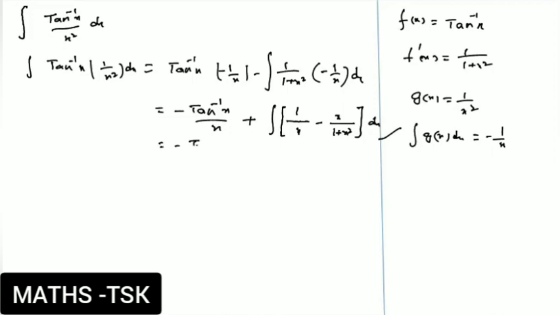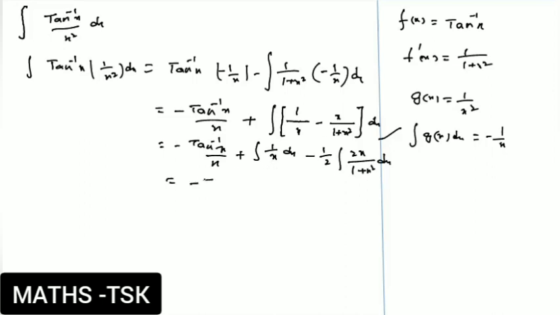So minus tan inverse of x by x plus integration of 1 by x, we know the value of integration of 1 by x into dx, minus 1 by 2 into integration of 2x by 1 plus x square. I separated the integrations; I split it into two integrations. Multiply and divide with 2 for the second integration.